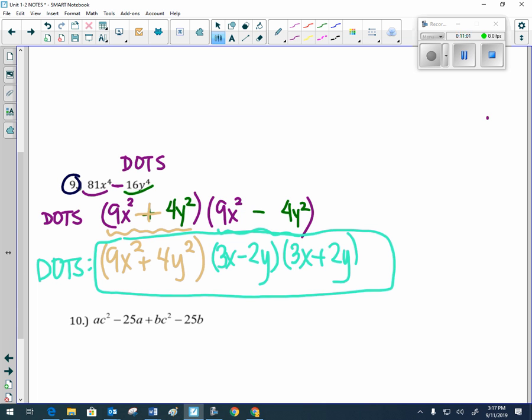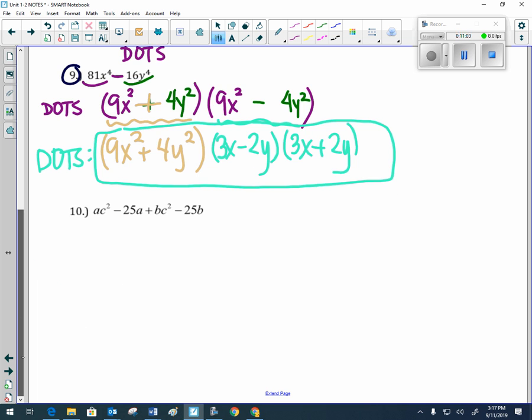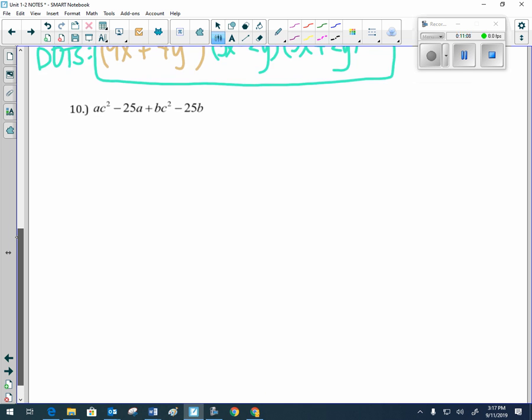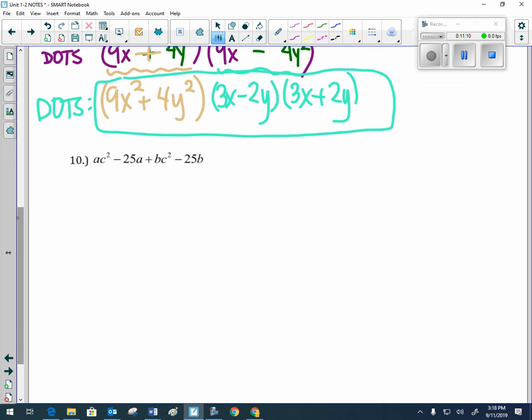And then the last one that I'd like to do with you today is question number 10. In question number 10, when you work on this, you will notice that there are 4 terms there. 4 terms is going to either be greatest common factor, but when I look, all 4 terms don't have a greatest common factor, or it's going to be factor by grouping.